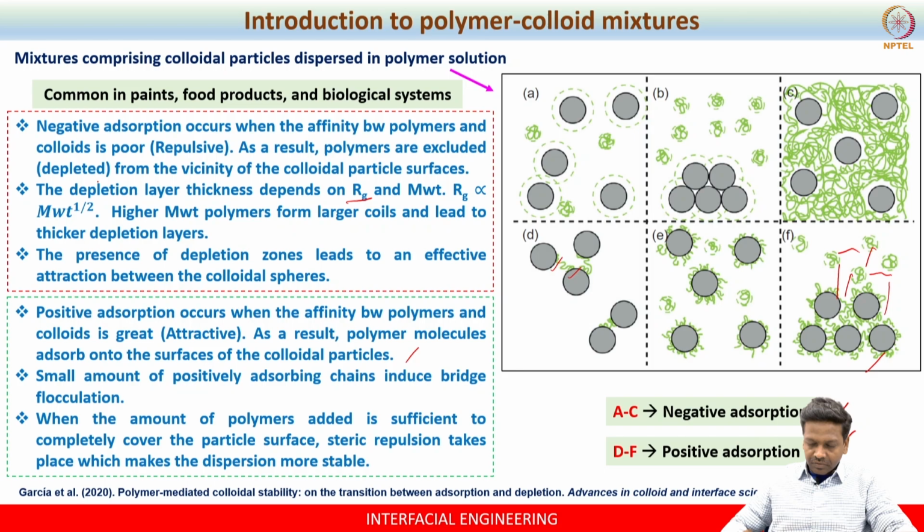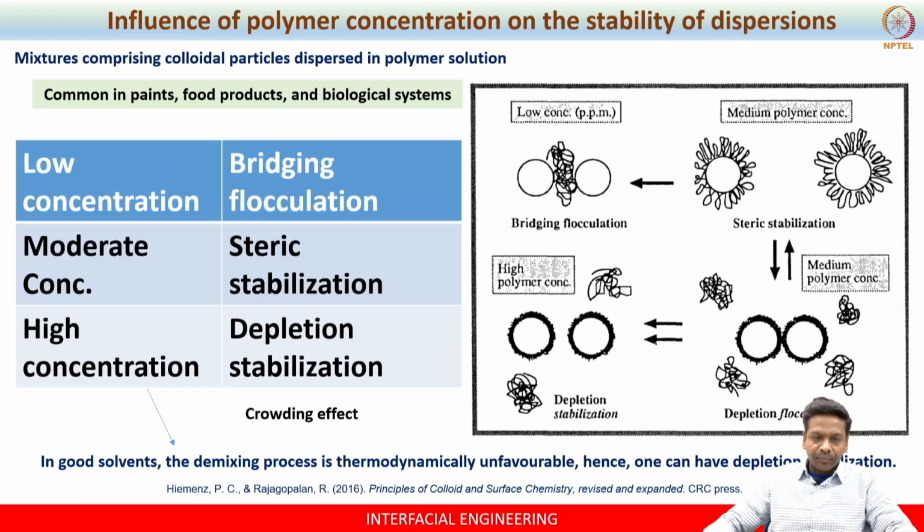Now let's look at a different phenomenon, right? So we just looked at what is known as bridging flocculation, steric stabilization, and depletion stabilization. As we just described, at low concentration of polymer, you expect bridging to take place. That will lead to bridging flocculation.